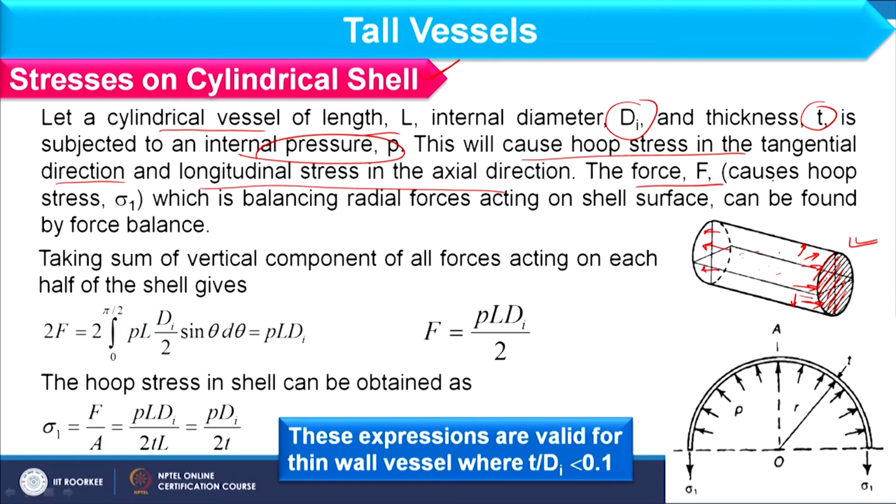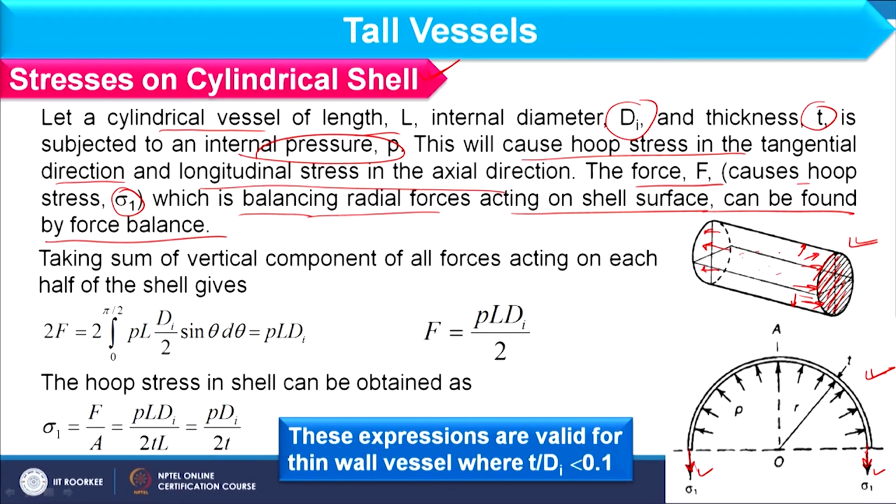The force F causes hoop stress sigma 1, which is balancing the radial forces acting on the shell surface, and can be found by force balance. Okay. So, if you see here we have the schematic for the hoop stress, where this sigma 1 and sigma 1, which is basically the tangential stress, also works as hoop stress, right.